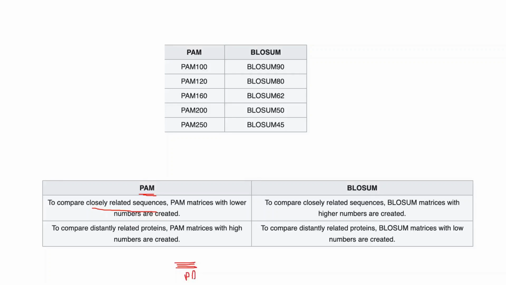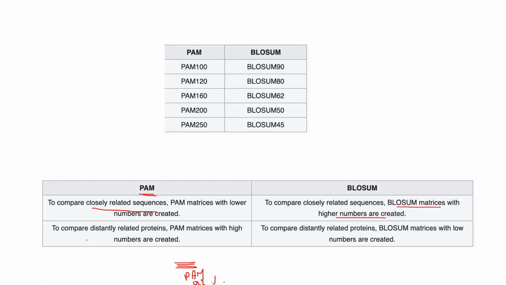It means it has 99% identity and only 1% divergence. To compare closely related sequences, use a lower number of PAM matrix, and a higher number of BLOSUM matrix.